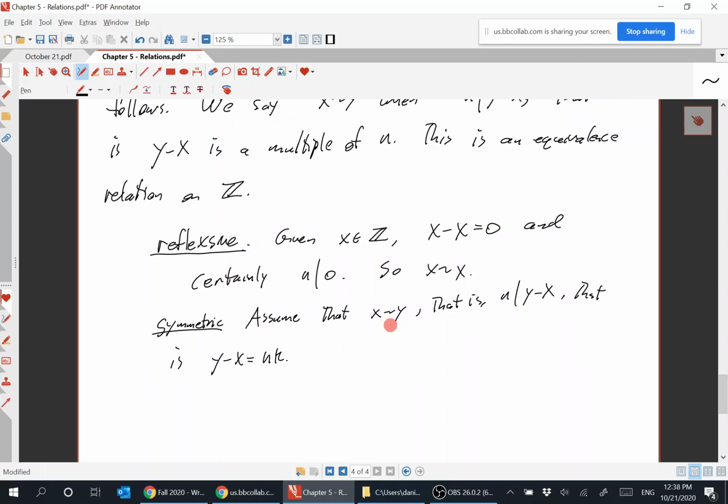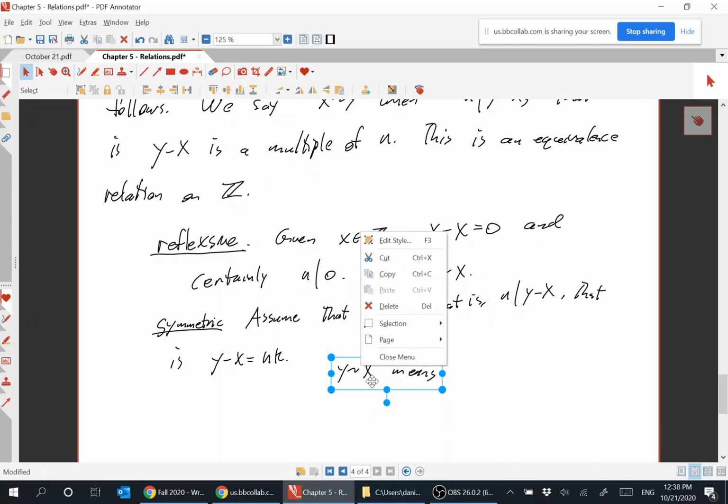Right. X related to y means that y minus x is equal to n times k. To get that y is related to x, I need what? Y is related to x means what?